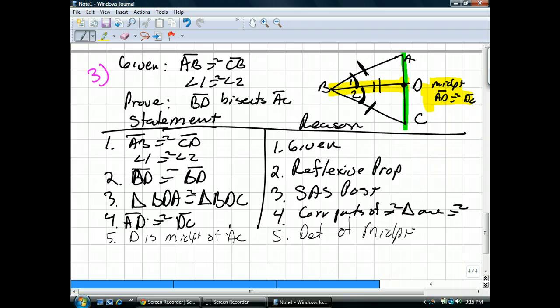Then that means that segment BD must bisect segment AC by definition of segment bisector.